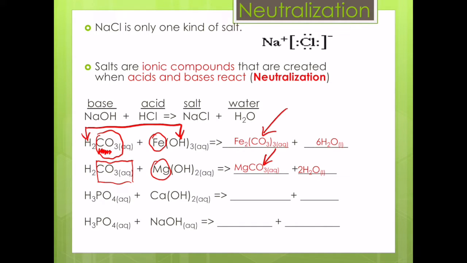Okay, so you might be catching on to this now. If you keep your eye on the neutralization, that will give you your H2O. So 6 molecules of water, and then the calcium has to go with the phosphate. Calcium is a 2+ ion, and phosphate is 3-.